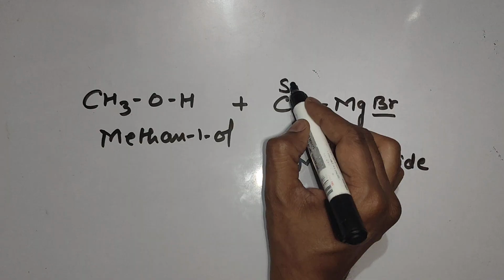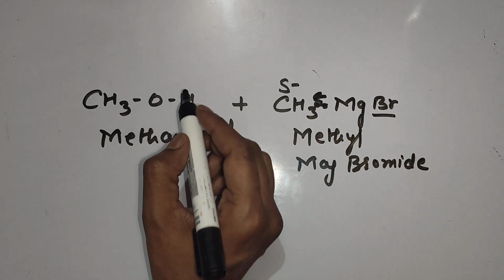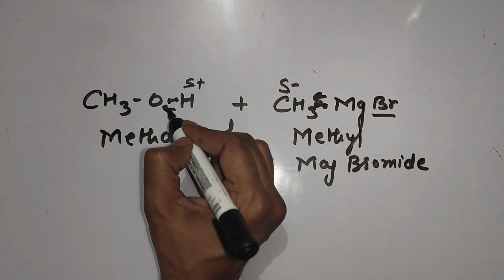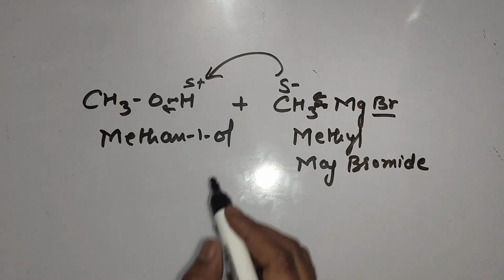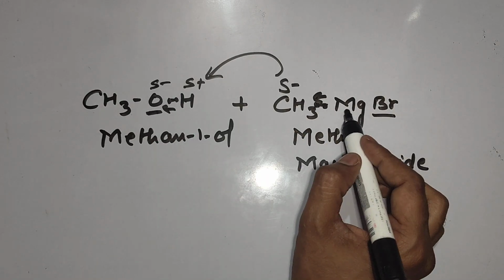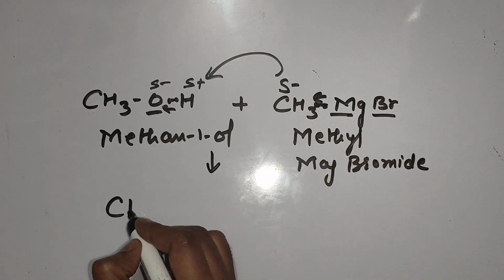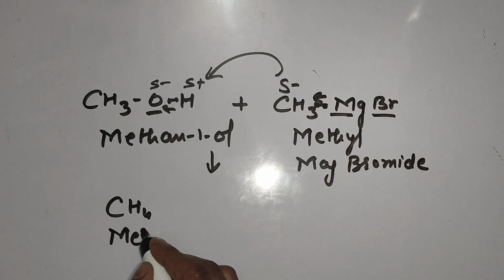As we know, it's a negative carbon because the electrons are more toward the carbon side. Here hydrogen is positive because electrons are more toward the oxygen side. We know this CH3 is going to combine with H and this O negative will be attacked by magnesium. So the first product is CH4, CH3 and H will combine, methane.